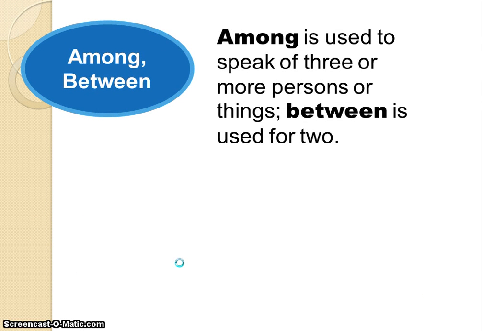Among and between. We want to make sure we use these correctly. Among is when we speak of 3 or more persons, and between is used between 2. Just between you and me, or she is among a group of people.